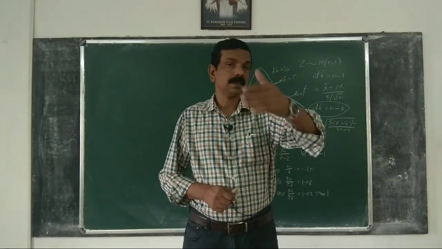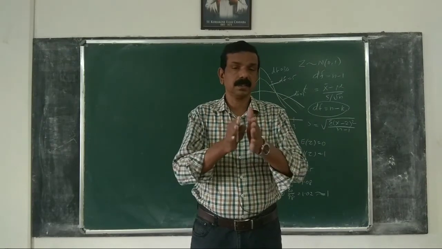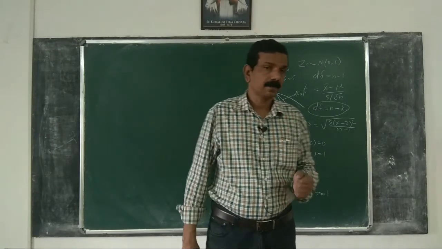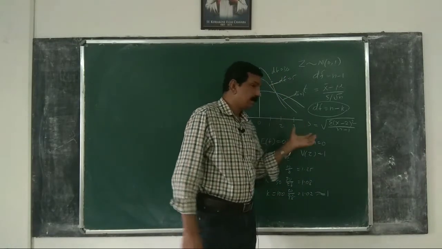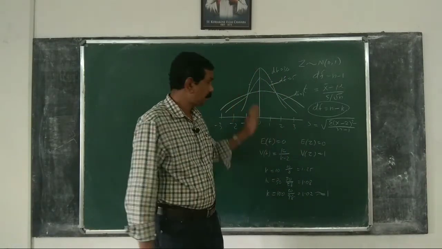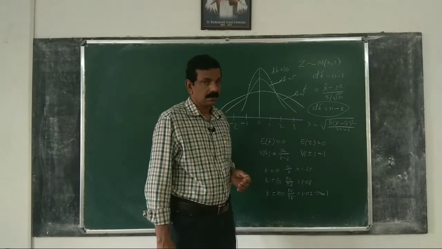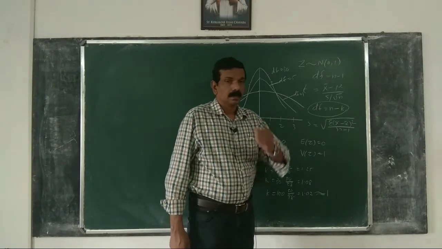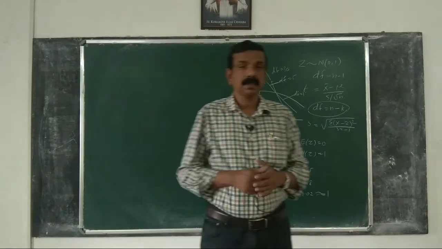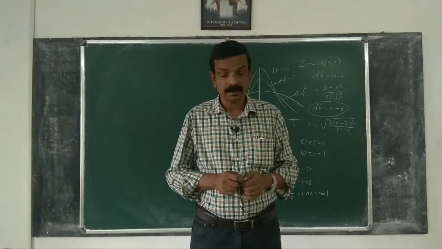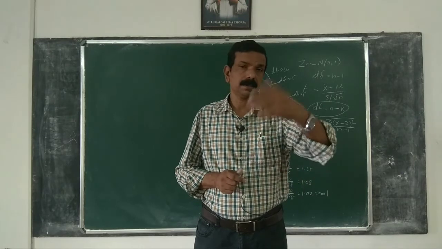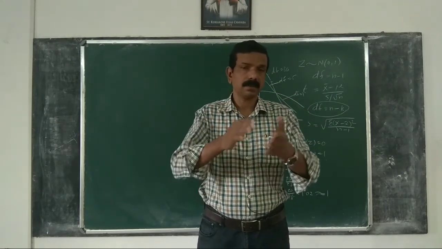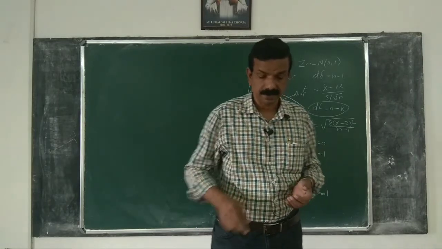Now, just as we use a Z table for finding probabilities under the Z curve, we have a table to determine probabilities under the t curve for different degrees of freedom. This table is available in all the books and also in all the software.